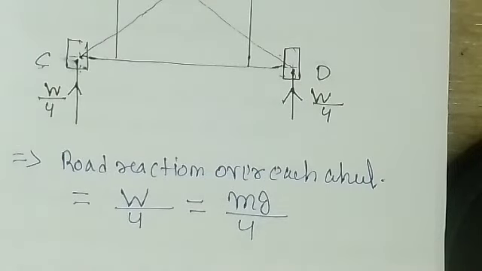Now the wheel is rotating and the engine part is also rotating. Because of the wheel rotation and the engine rotation, a couple will be produced. That couple we call a gyroscopic couple. Now we are going to consider the effect of the gyroscopic couple, because of which a reaction will be developed.